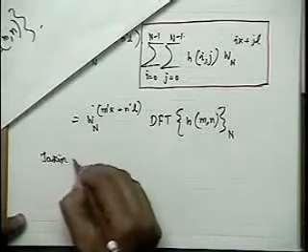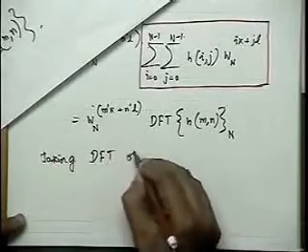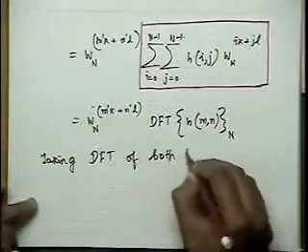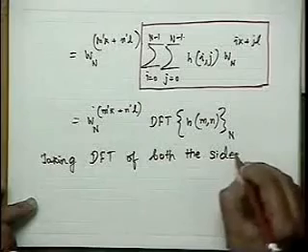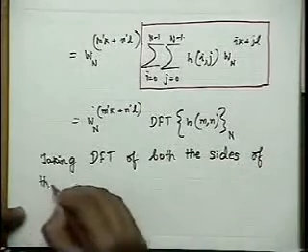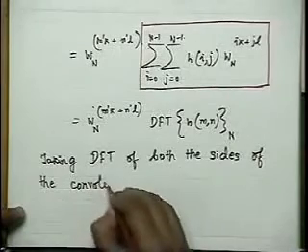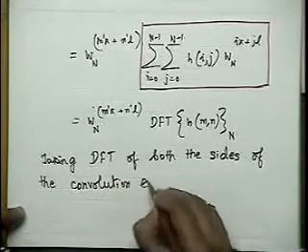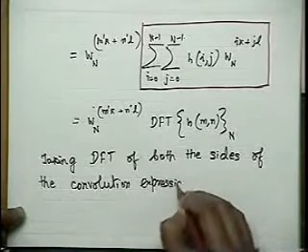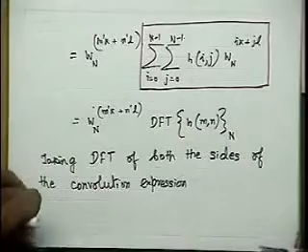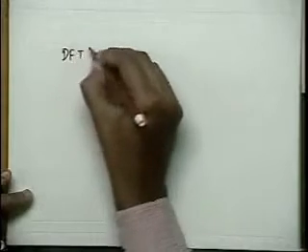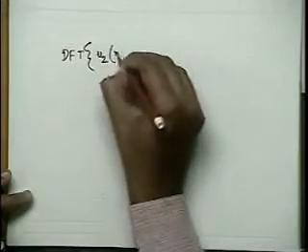So taking the DFT of both sides of the convolution expression, which was defined in the last class, what I have on the left hand side is simply the DFT of u2 mn.